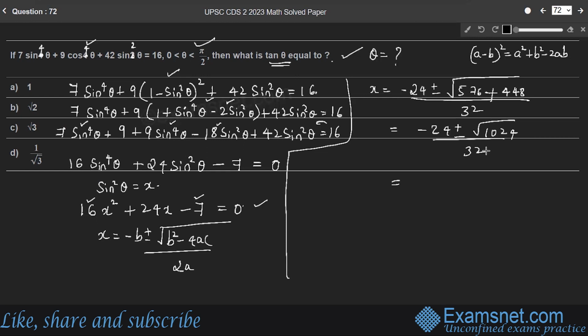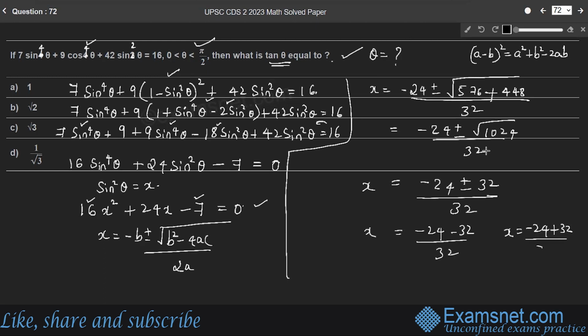So square root of 1024 is 32, right? Minus 24 plus or minus 32 by 32. So x value is minus 24 minus 32 by 32, or x is equal to minus 24 plus 32 by 32.